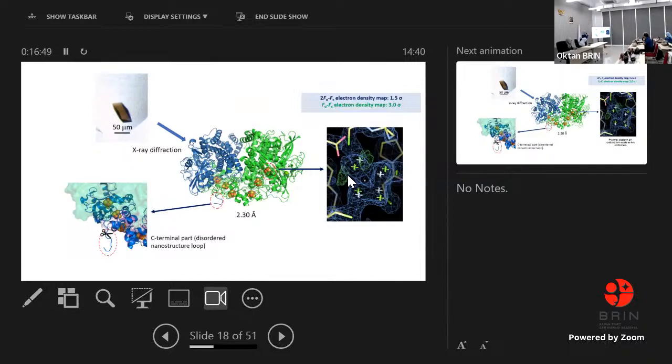So we tried to improve the resolution of the protein further, and we were thinking how to do it. From our observation of the first crystal structure, there is, if I'm not mistaken, a C-terminal loop present in the structure. So we try to cut this loop.